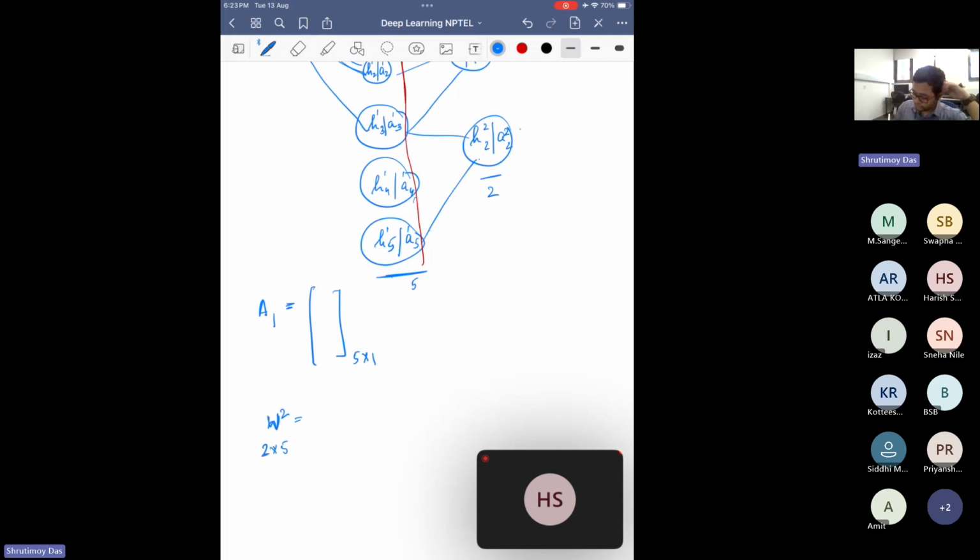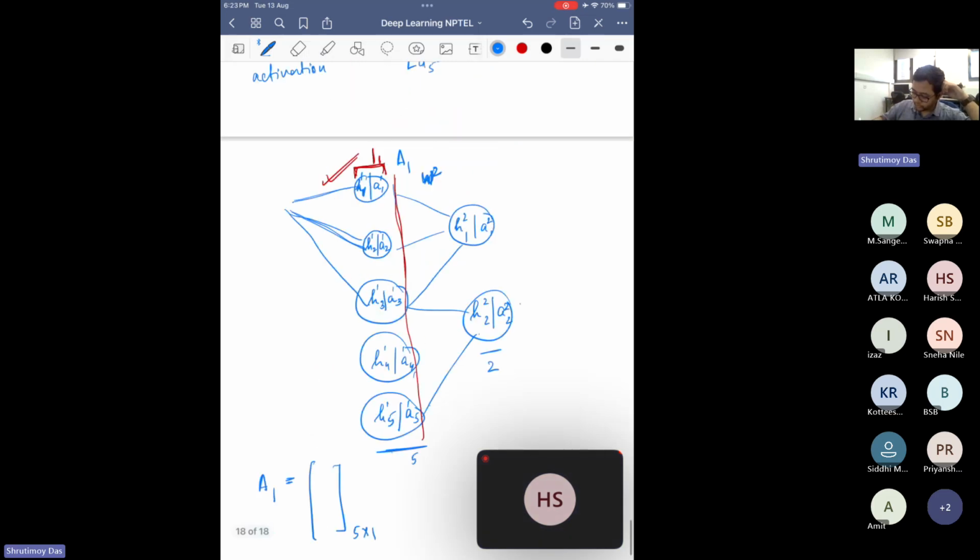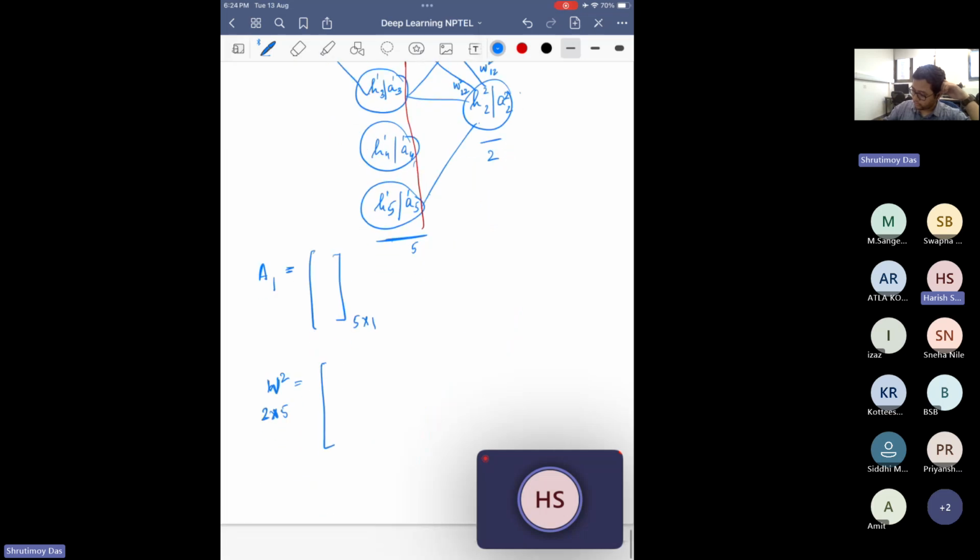So we have a matrix of size 2 cross 5. What will be this 2 cross 5 matrix? Here we have A11, and this is W211 and this is W212. Similarly, this is W221 and this is W222, and so on.